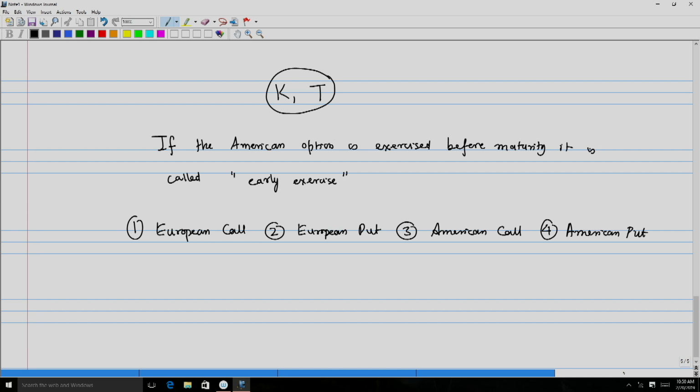So, in case of a European call, the owner of the option has the right to buy the stock only at time capital T for a fixed price of capital K. In case of a European put option, the owner of the option has the right to sell the stock only at time capital T for the price capital K. In case of an American call option, the owner has the right to sell the stock for price capital K at any time between small t and capital T included.